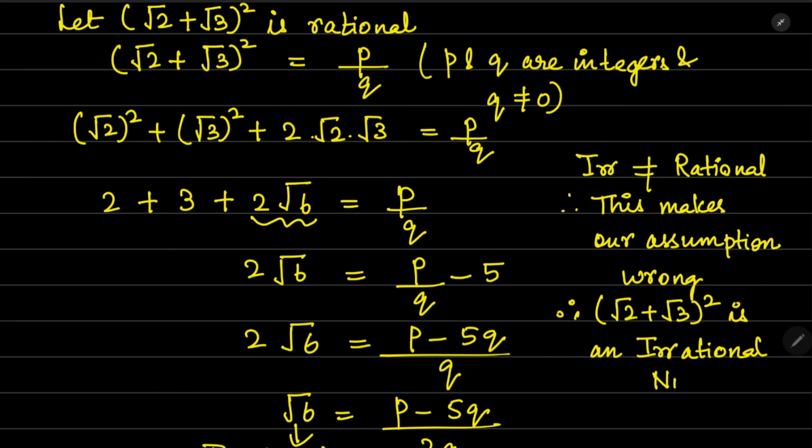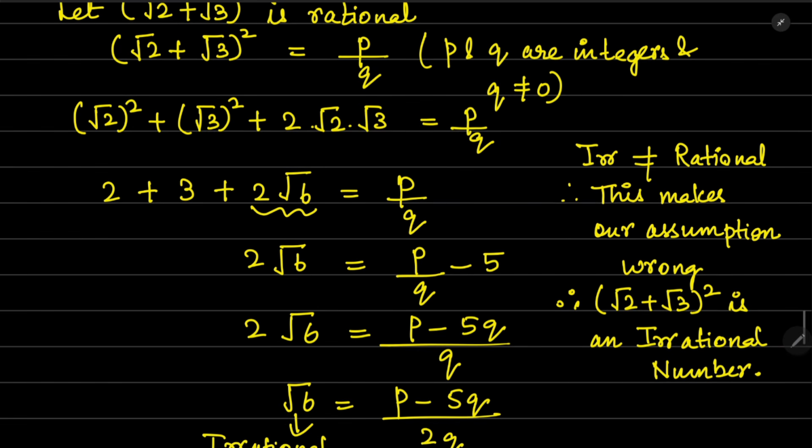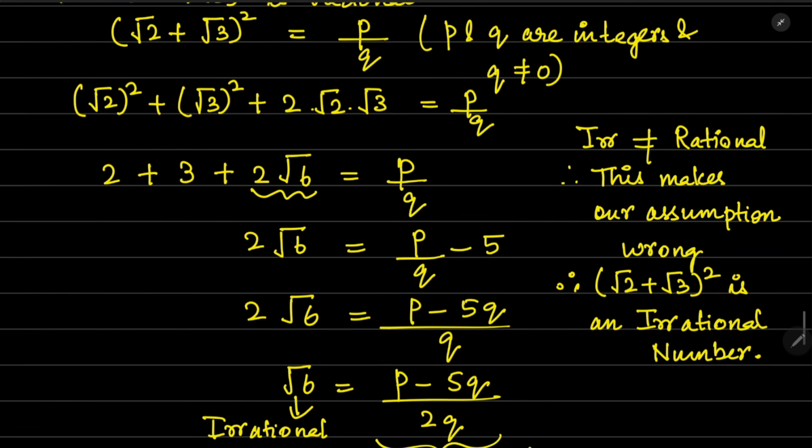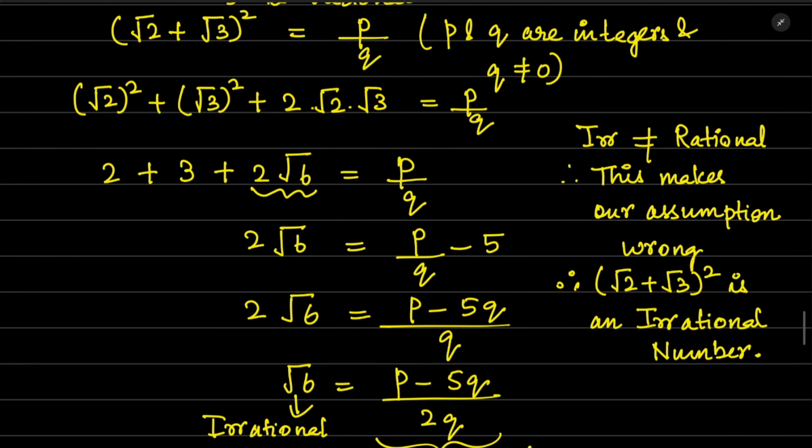Irrational number. Okay. So such questions are very, very important with respect to chapter 1. Please make sure it is not sufficient if you just show the evaluator that irrational is not equal to rational.